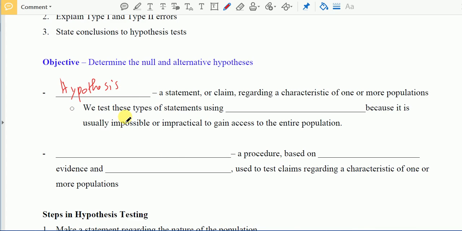Now we test this type of statement using the sample data, because you cannot have all the information about the entire population. We only have access to the sample, a portion of that, and we take that sample data and make the conclusion or claim or the hypothesis about that population.